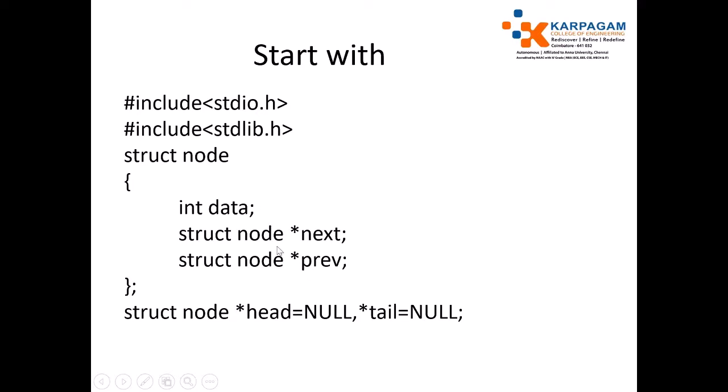We have three data members in the node data structure: int data, because I am going to store only one data, and star next, which is used to store the address of the next node. Star previous is used to store the address of the previous node. For storing the starting address and the ending address of the linked list, we have two pointers, head and tail respectively. Initially, they are set to null. It means that they point to nothing.